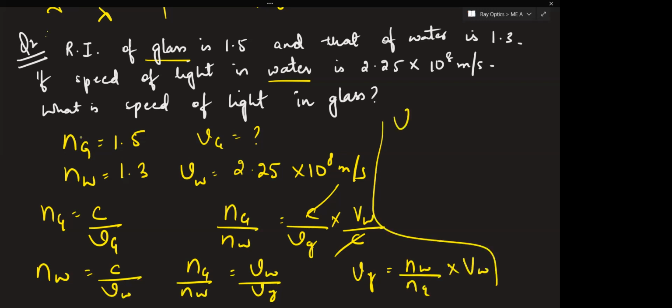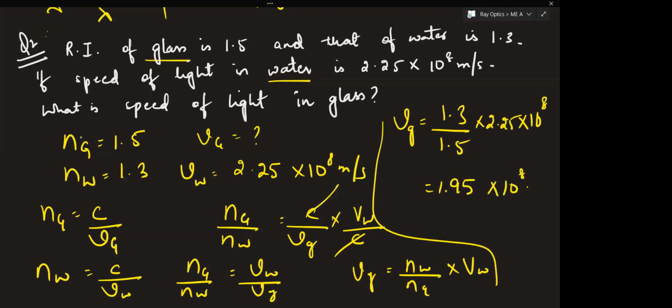So velocity in glass will be 1.3 by 1.5 into 2.25 into 10 to the power 8 meter per second. When you solve this, I think the answer should be around 1.95 into 10 to the power 8 meter per second. Just check it once. I remember this answer, so I have written it directly. Just cross check if this is right.